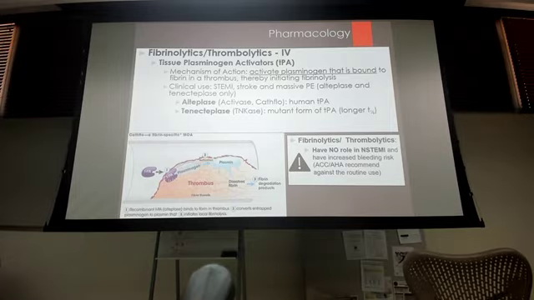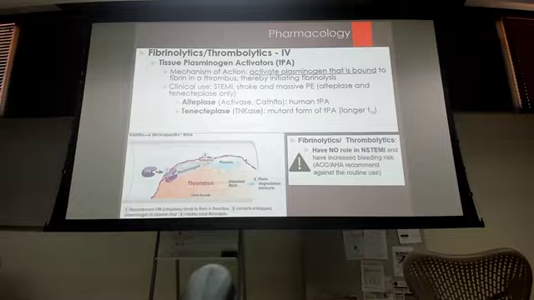So we're going to talk about the specific ones, TPAs, the big one you need to know, tissue plasminogen activator, or TPA. They activate plasminogen only when it's bound to fibrin. So once plasminogen is bound to the fibrin, then that's when it's going to do its action to dissolve the clot, because that basically becomes a targeted clot for the TPA to work on.